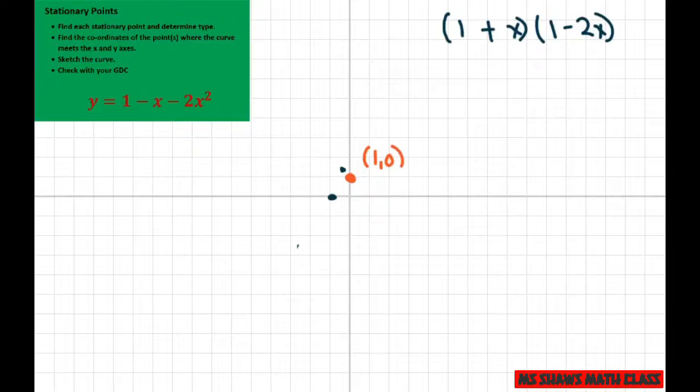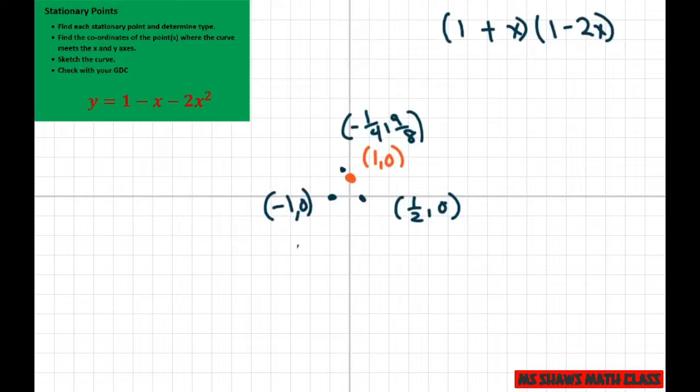And then we also had x-intercept here at 1/2, comma 0. And this one was negative 1, comma 0. So we kind of just sketch the curve. Kind of looks like this.